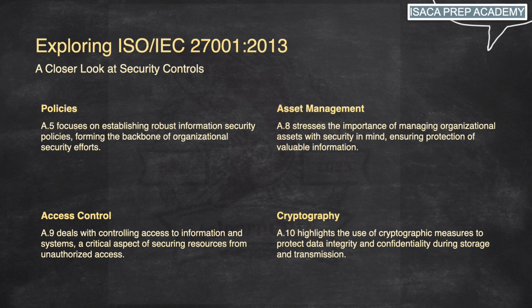And this enhances the overall security posture of the organization and helps to ensure compliance with the regulatory requirements related to data protection and privacy. Additionally, cryptographic measures contribute to building trust with customers and stakeholders by demonstrating a commitment to protecting their sensitive data throughout its life cycle.